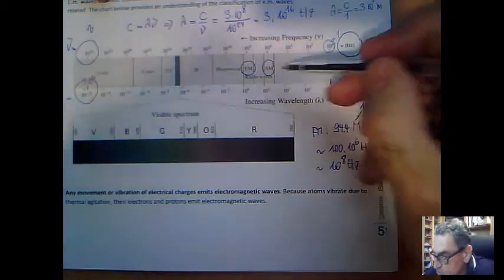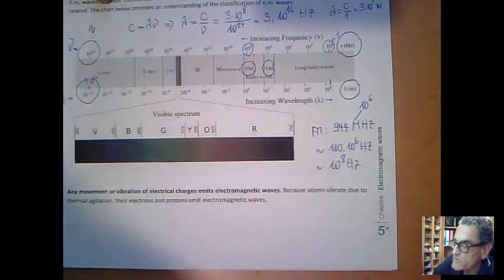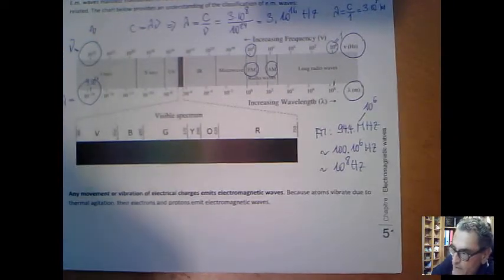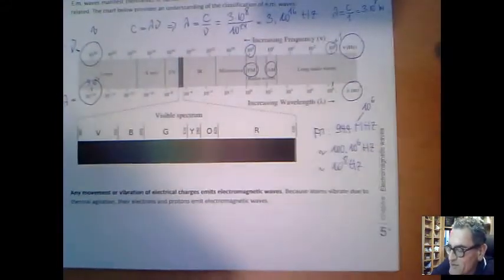Is it correct? Where is 10 to the power 8 hertz? The frequency is here, right in the middle of the FM band. So the FM band is around these frequencies, and these are low frequencies. It's still low frequencies. It's not dangerous.